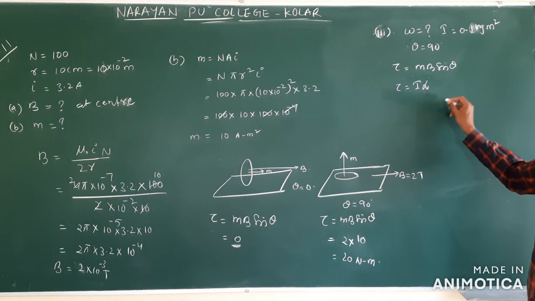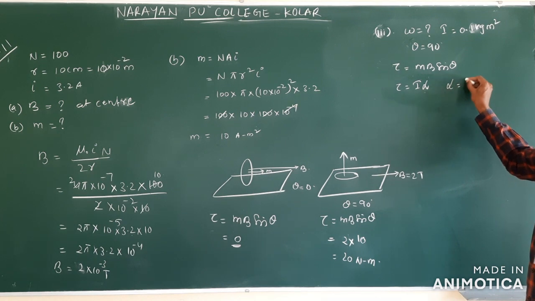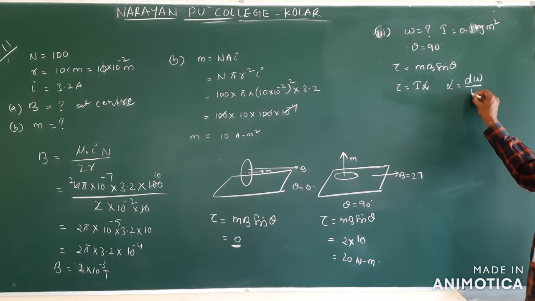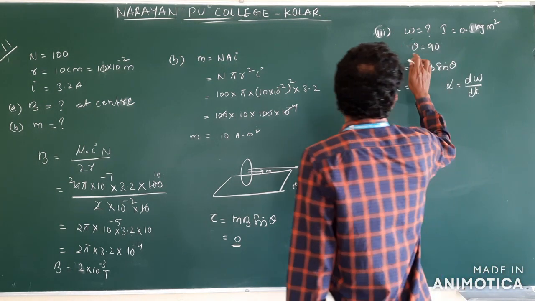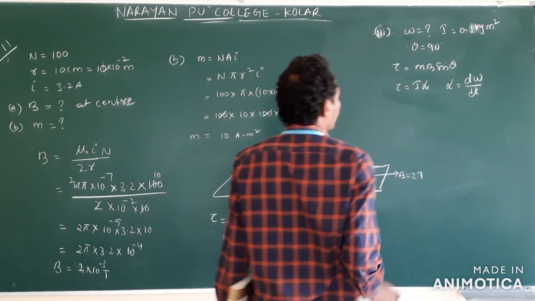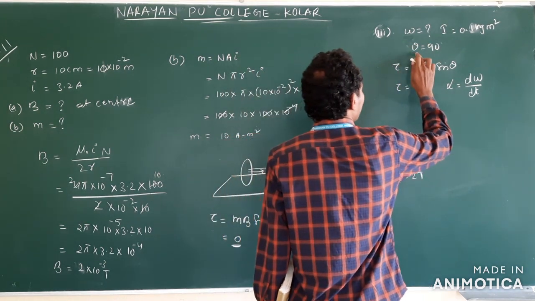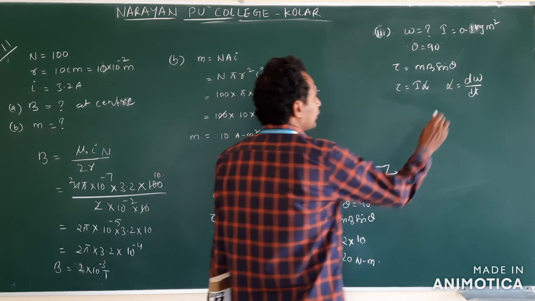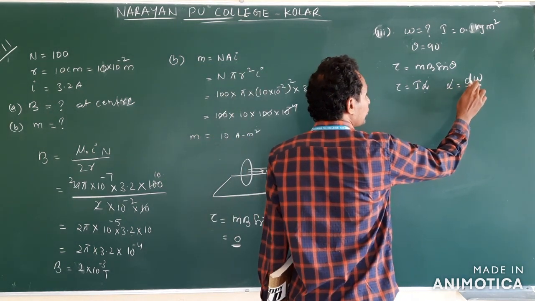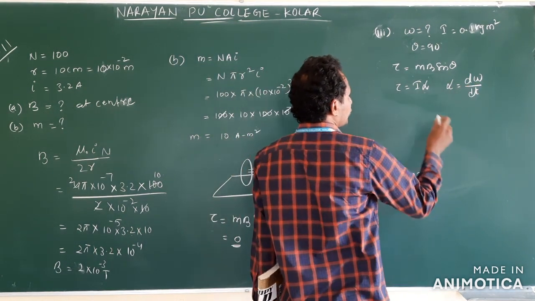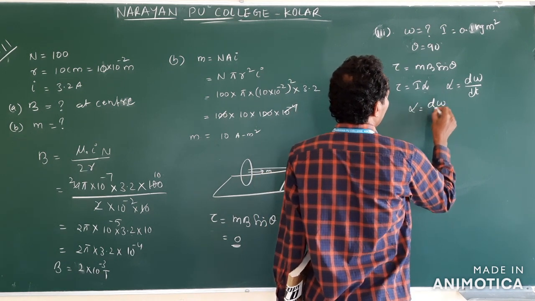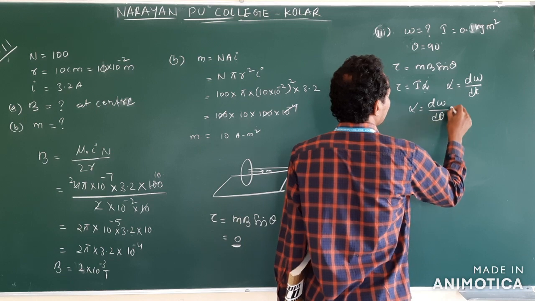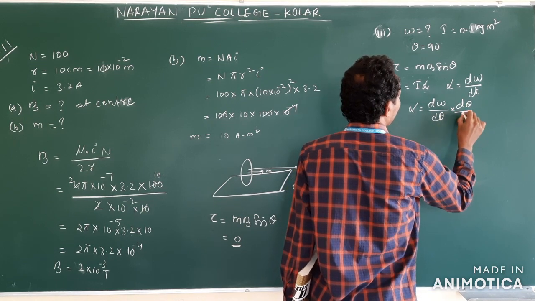Alpha is angular acceleration, the rate of change of angular velocity. Clear? The information given is in terms of theta, so we need to express this in terms of theta. So alpha is equal to d omega by d theta into d theta by dt.